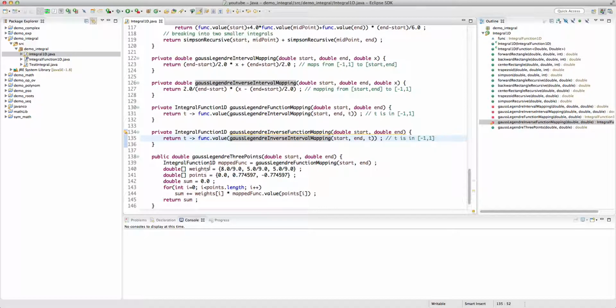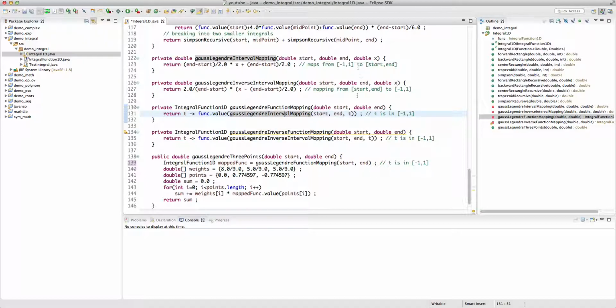so our mapped function here is such that t is in -1 to 1. So Gauss-Legendre function mapping is the function calculated at this mapped interval such that this variable is between -1 to 1.